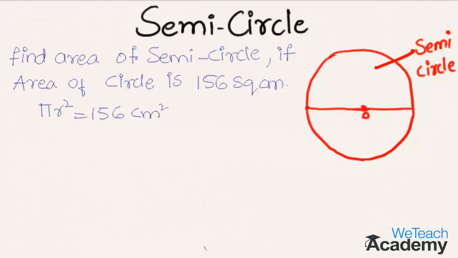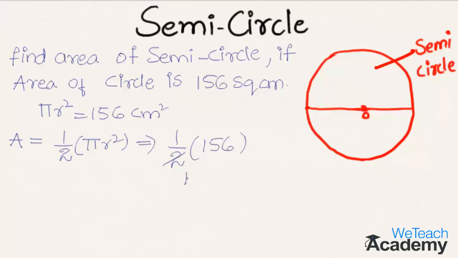The area of a semicircle is given by the formula half of the area of the circle, that is half of pi r square. By substituting the given value, we get 1/2 into 156. By simplifying, 2 one time is 2 and 2 78 times is 156. Hence we get the area of the semicircle as 78 centimeters square.